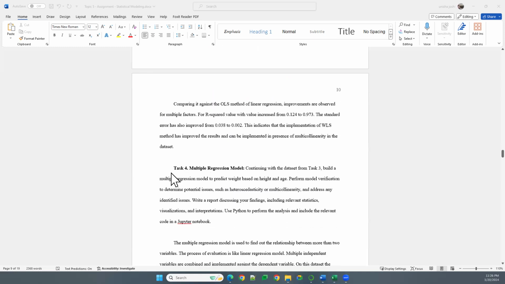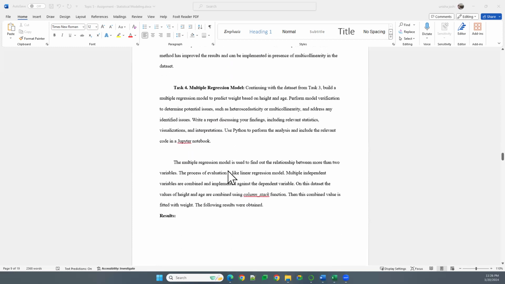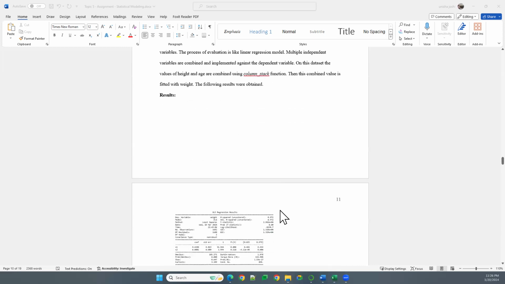And for task 4, the multiple regression model, I combined the age and height into the same data using the column stack function, and then implemented the same linear regression model.